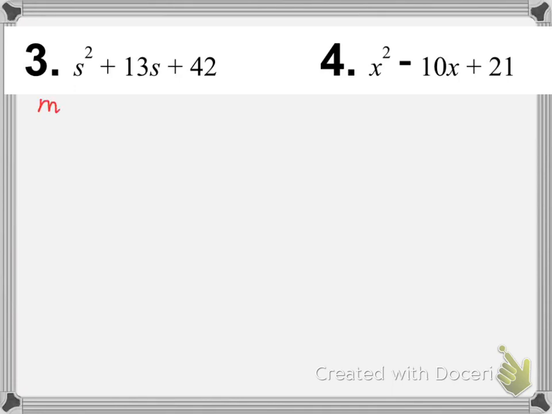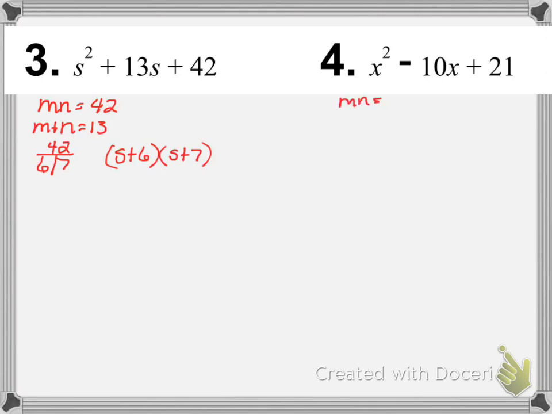Magic numbers multiplied for this one is 42, and added is 13. So my magic numbers, when I add them together, since the 42 is positive, are 6 and 7. So then I've got s plus 6, s plus 7. This one, we have that our magic numbers multiplied equals 21, added equals negative 10.